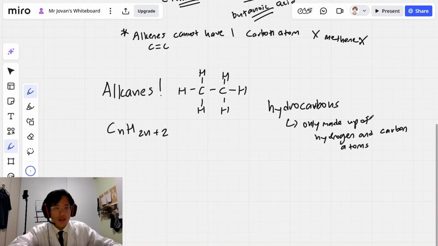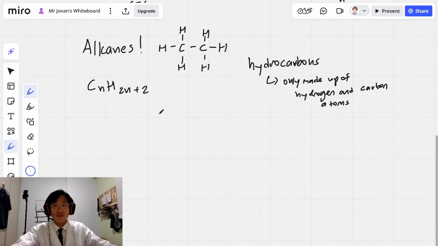So alkanes are hydrocarbons. Every time you see C's and H's, it could be an alkane. If you see C's and H's without any double bonds, it's an alkane.